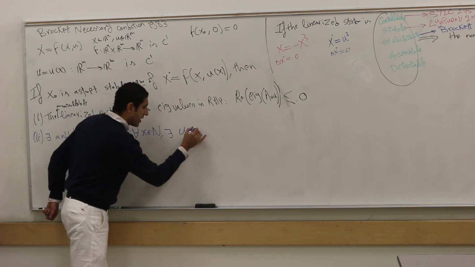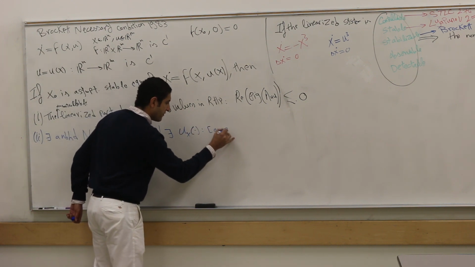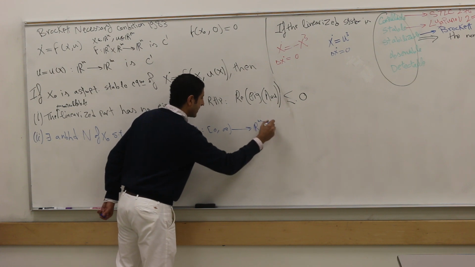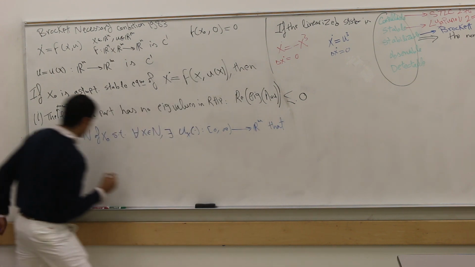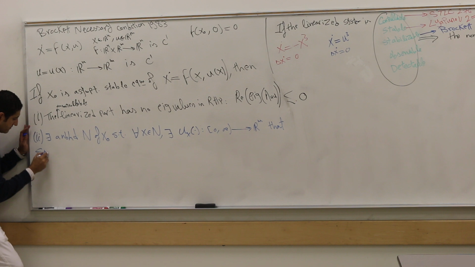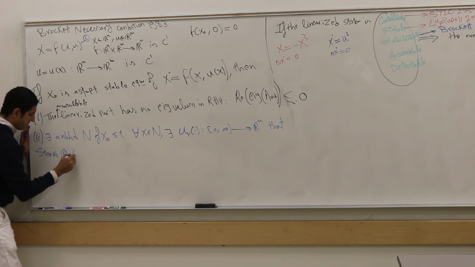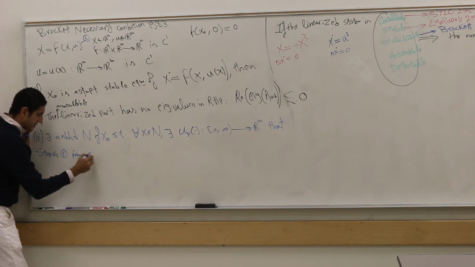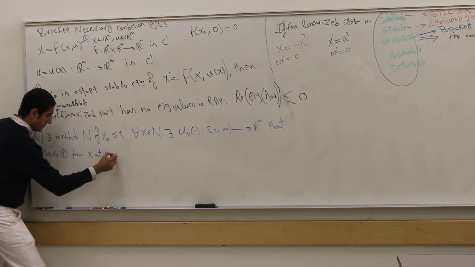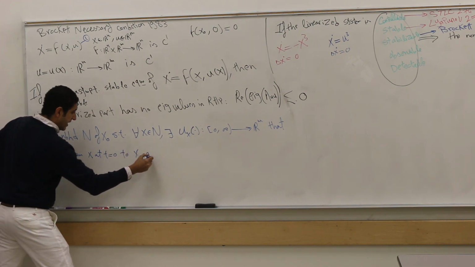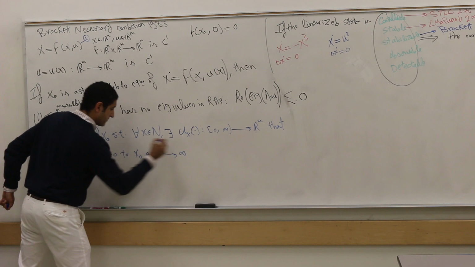It maps 0 to infinity over time to Rm, and steers the system from this point x at time 0 to the equilibrium as t goes to infinity.